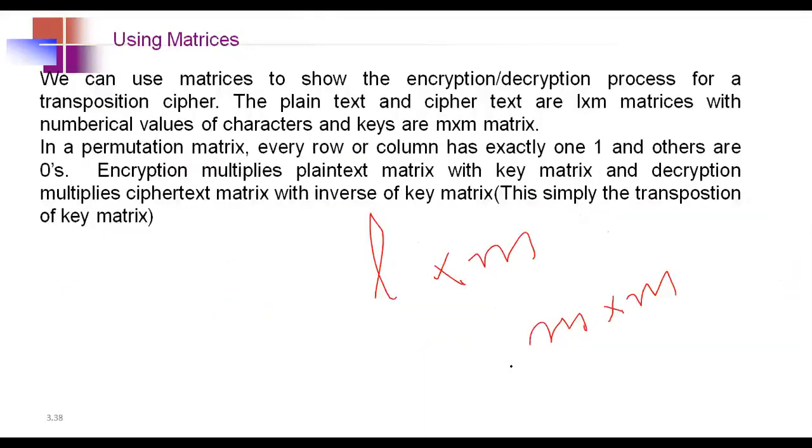So this is the transposition cipher. What we have done in a substitution cipher or transposition cipher is that, for sending the plain text to some other person, we have to convert that plain text into some secret text that should not be understood by anyone else.